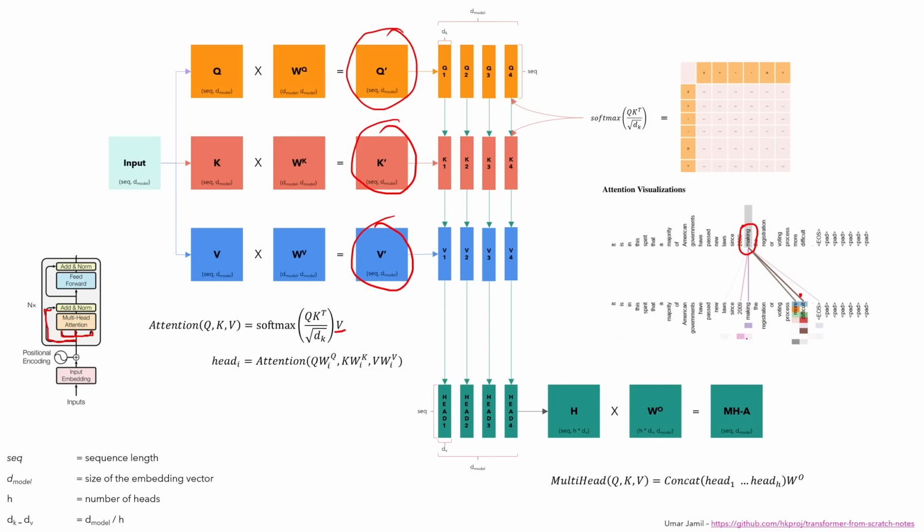The violet head or the pink head are relating the word "making" to other words, for example to the word "2009". Why is this the case? Because maybe this pink head could see the part of the embedding that these other heads could not see, which made this interaction possible between these two words.